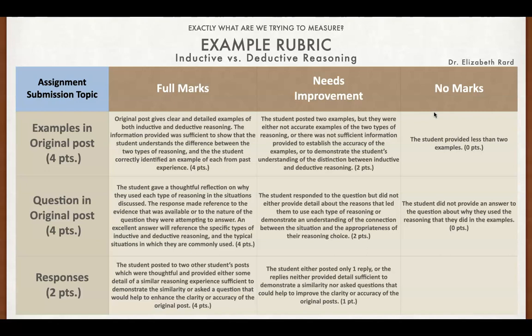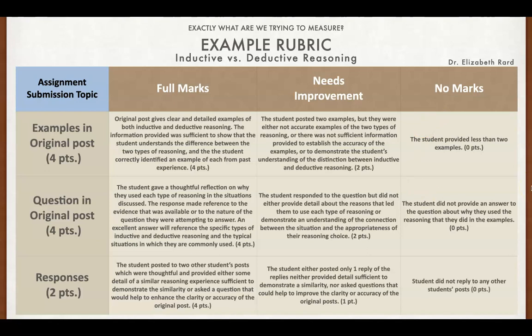Because the question was worded the way that it was, it would be very strange for a student to only provide 1 example. Because the whole topic here is 2 things, inductive reasoning and deductive reasoning, and the question was very clear that there are 2 things you need to provide here. And so 1 is not really an option. So it just specifically says the student provided less than 2.